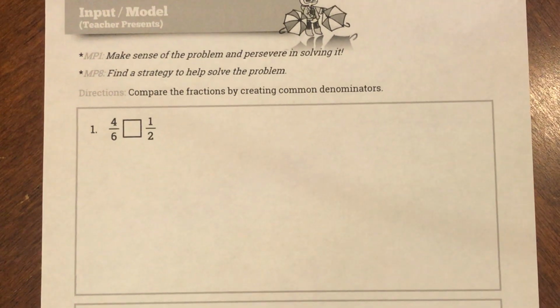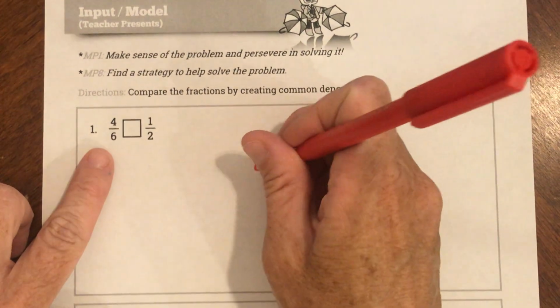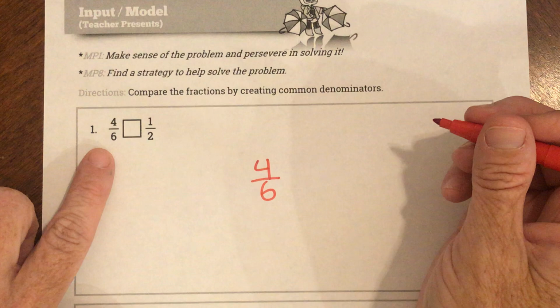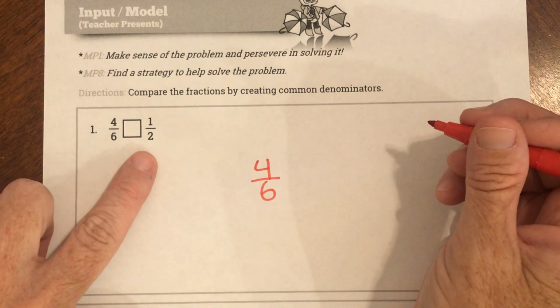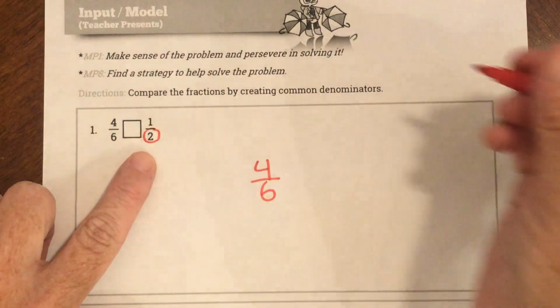So I'm going to put this aside, and here's my first problem with my red pen. First I'm going to write the first fraction being compared. So I'm going to write 4/6 down here, and multiply 4/6 by a fraction that's equal to 1, using this denominator to help me.